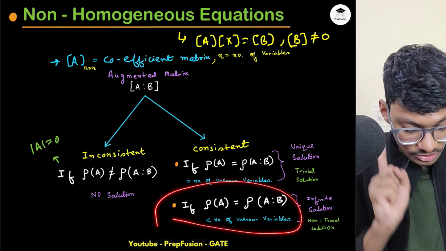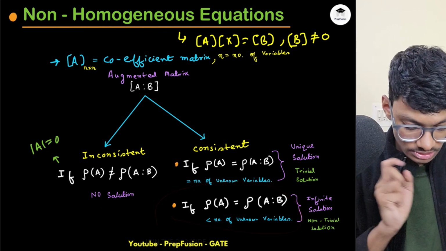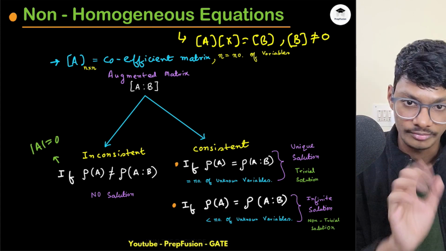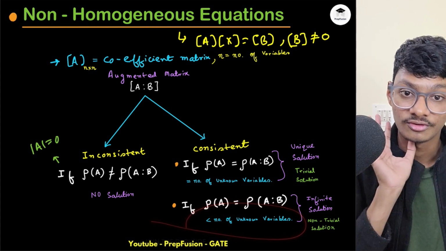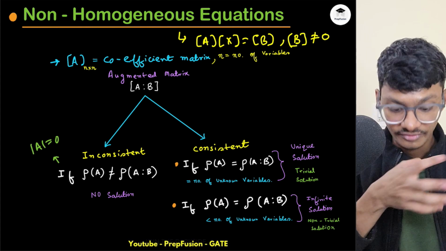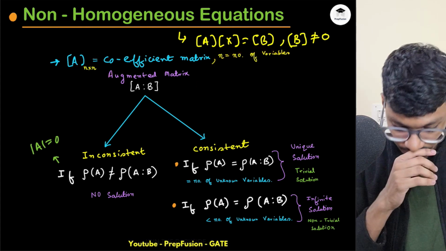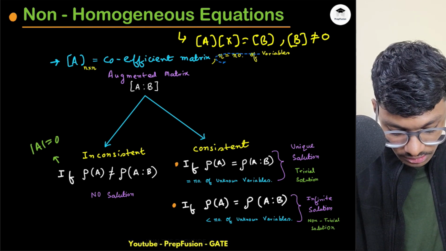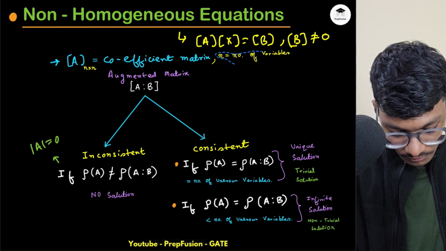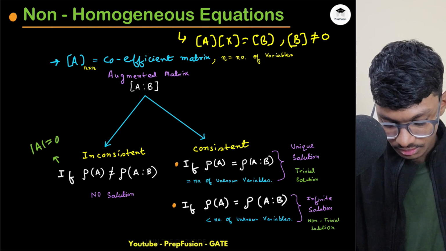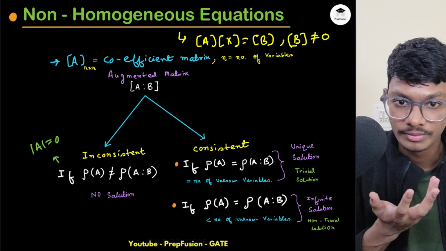Now if the determinant is 0, it can be an infinite solution as well, because rank of A equals rank of [A:B], that is fine, but it is less than the number of unknowns, the number of variables. We have n variables, so the determinant will be 0, because the rank is less.